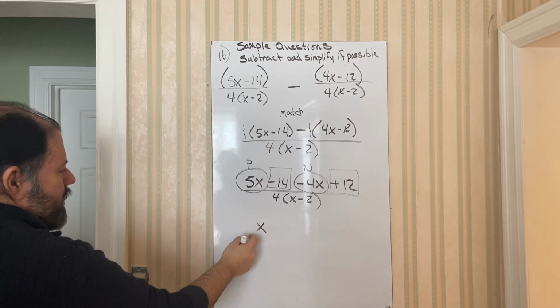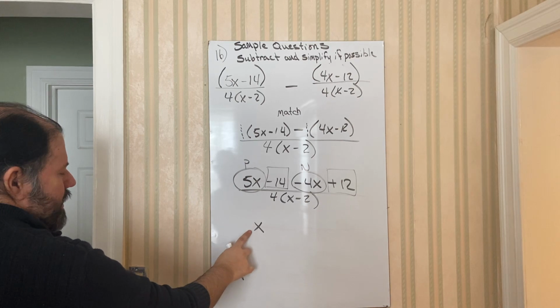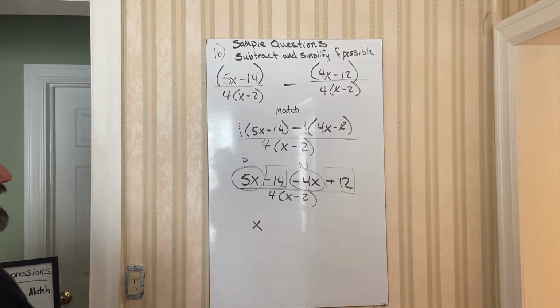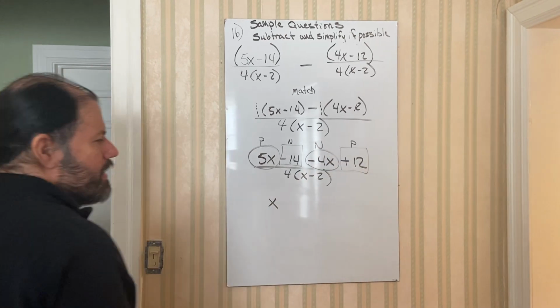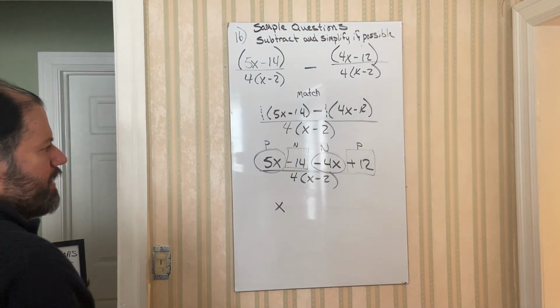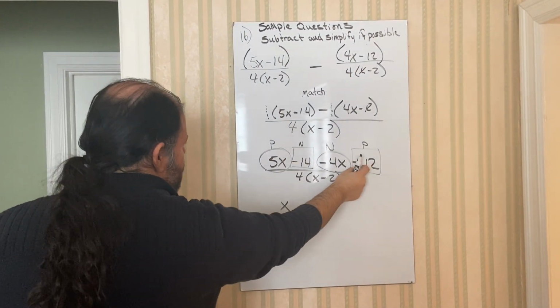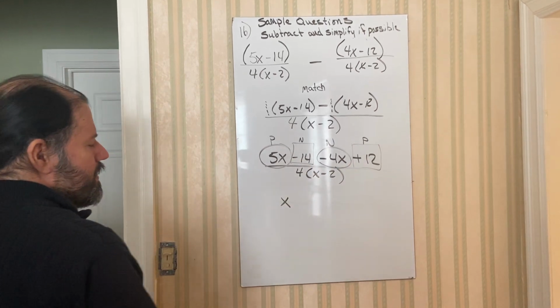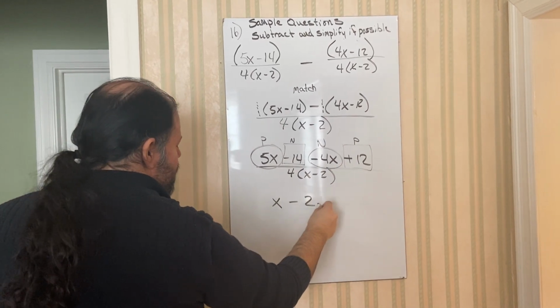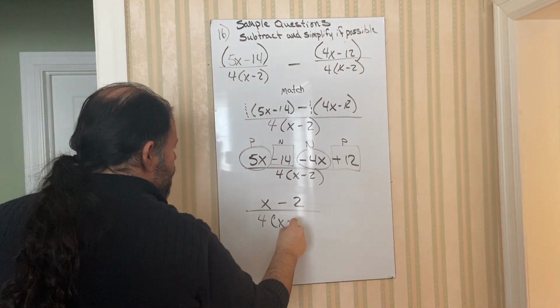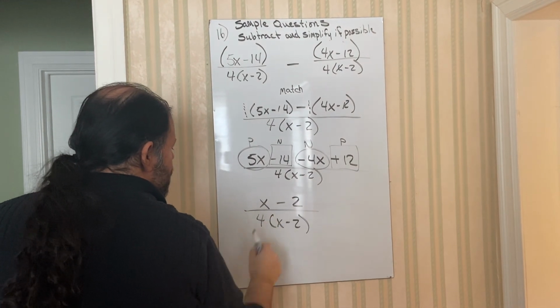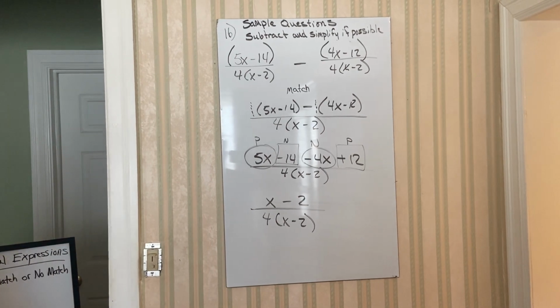Remember, there's an understood 1 here, so you don't have to write it in. And then the negative 14 and positive 12, different signs, so subtract again. 14 players versus 12 players. Team 14 wins the tug of war, so you're going to have a negative 2. Remember, the bottom just stays.